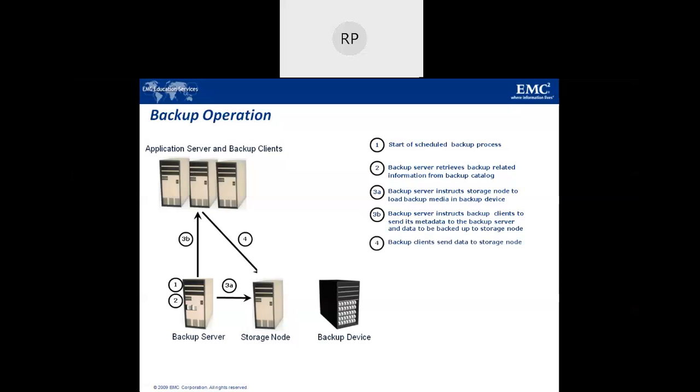After that, the backup client is going to send the data to the storage node. Then the storage node is going to send the data to the backup device. And then after that, the storage node sends the media information to the backup server to indicate that the backup process is completed. This is how the backup operation is going to take place.